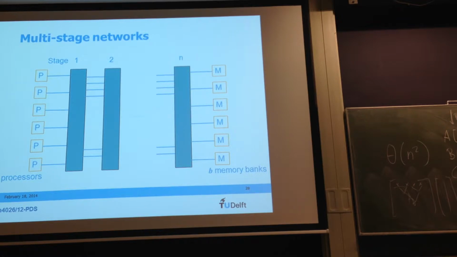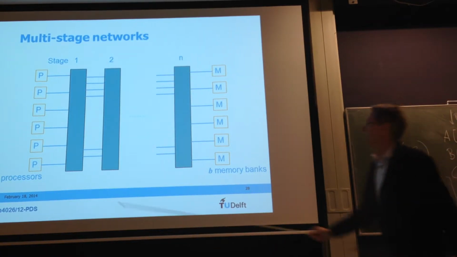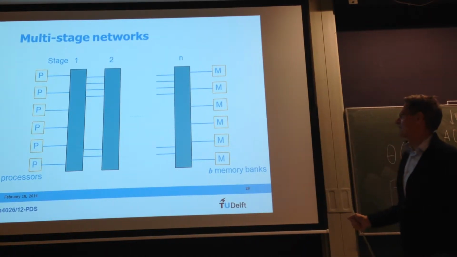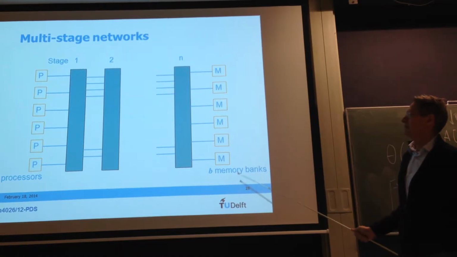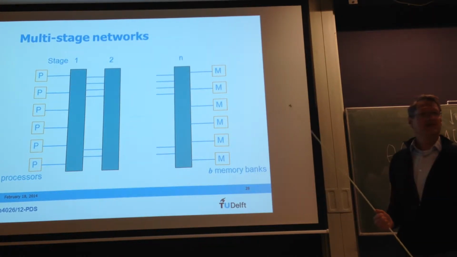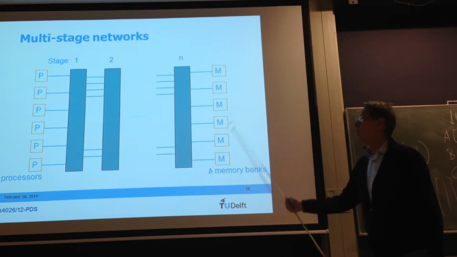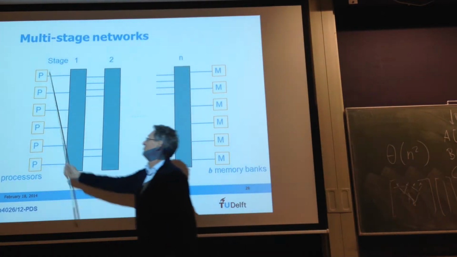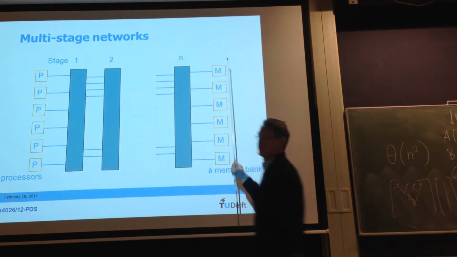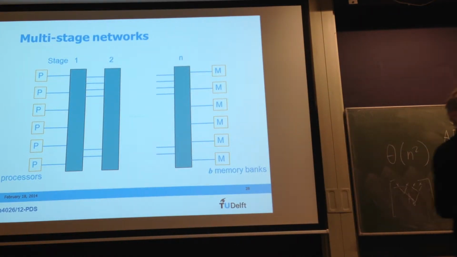So we have, for instance, P processors on one end and B memory banks on the other. Let's assume for the moment they are the same, so B is N, or alternatively, B processors connected to P processors. It doesn't make any difference.